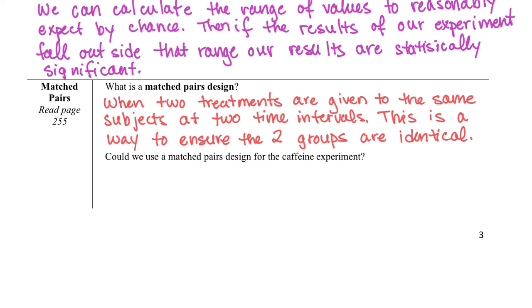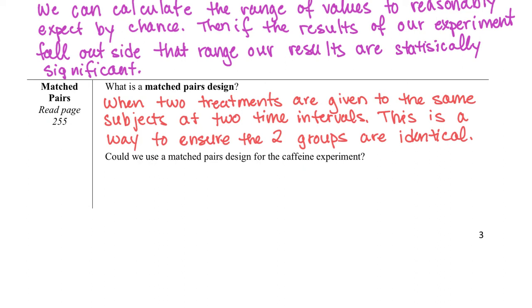So yes, we could use it. I don't know that we would. It would be interesting to see if it works, because once you do it that first day, could it alter the effects of the next day? The other thing that's really important to do is because the days could make a difference in somebody's pulse rate.